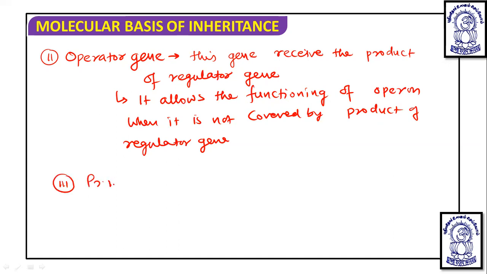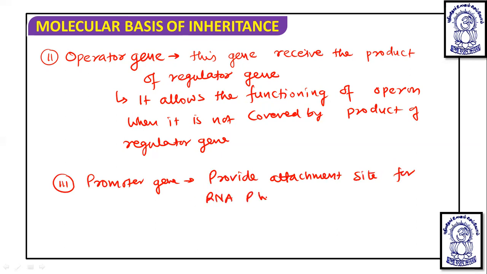Third is the promoter region or promoter gene. It provides the attachment site for RNA polymerase.